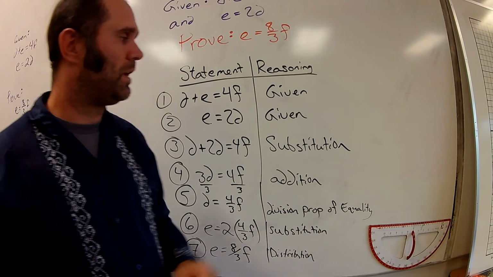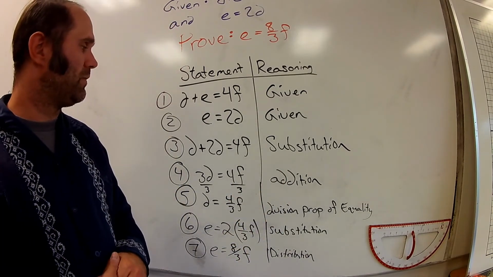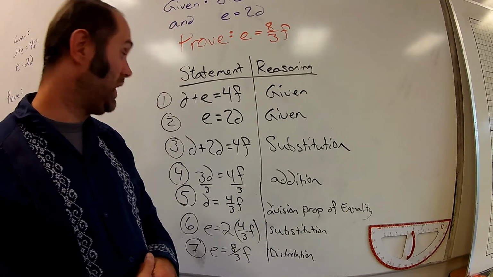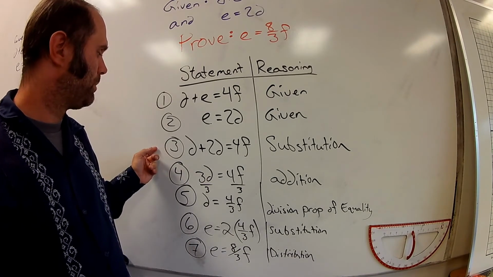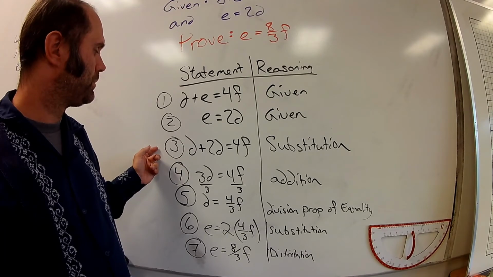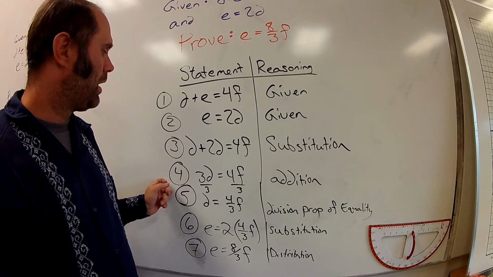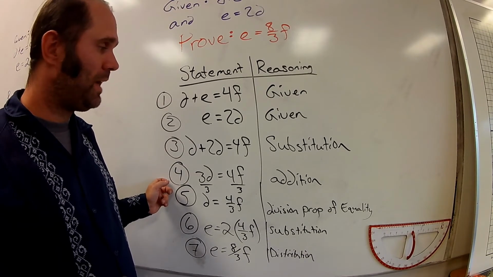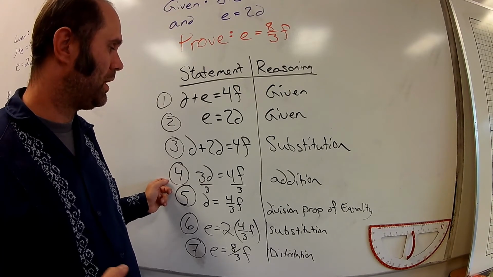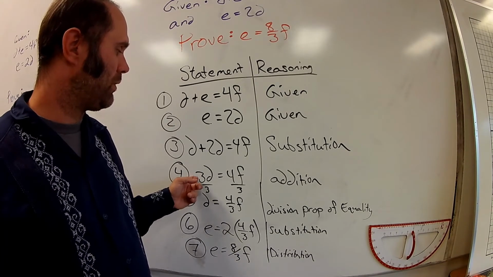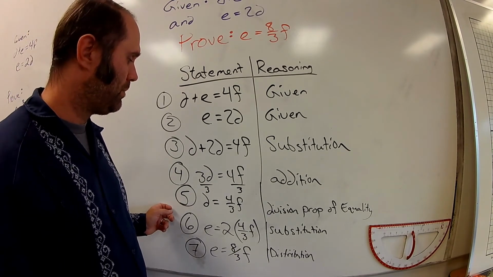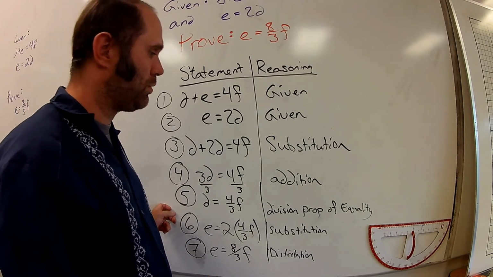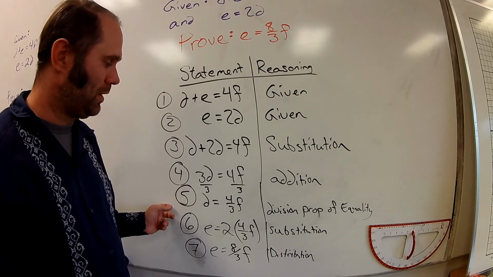And that is true because I substituted the value of E in for E into the first equation. I then combined like terms using addition to get 3D equals 4F. I then divided both sides by 3 following the division property of equality to get D equals 4/3 F.